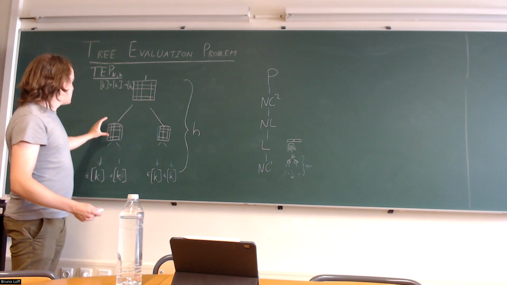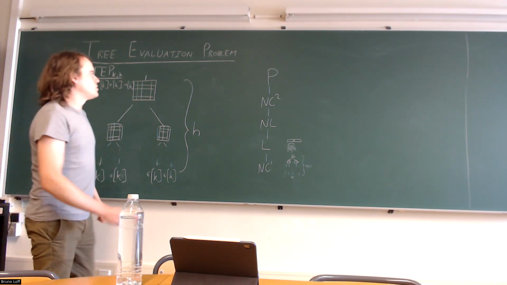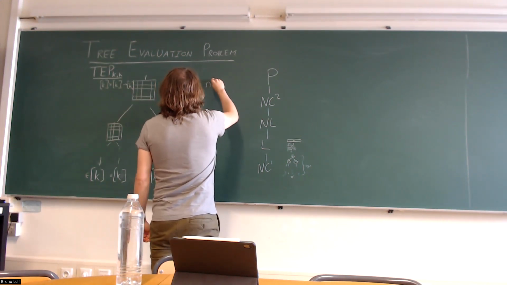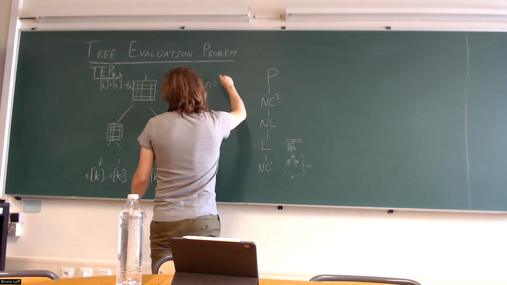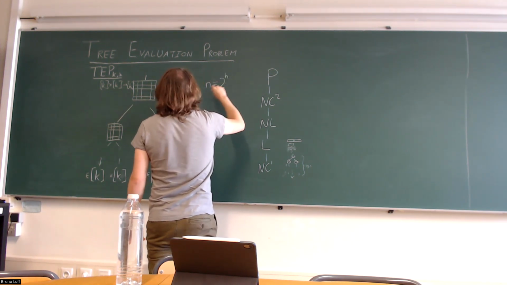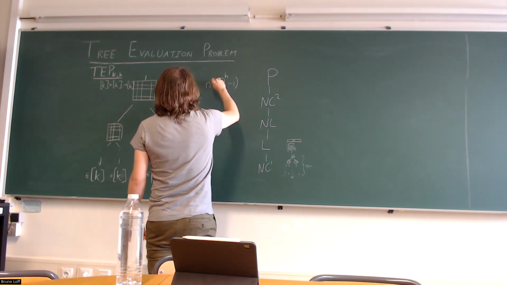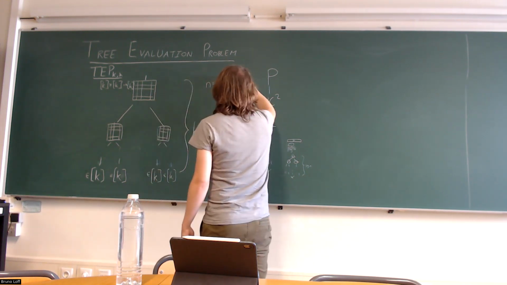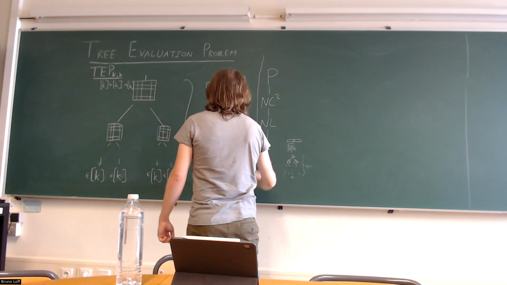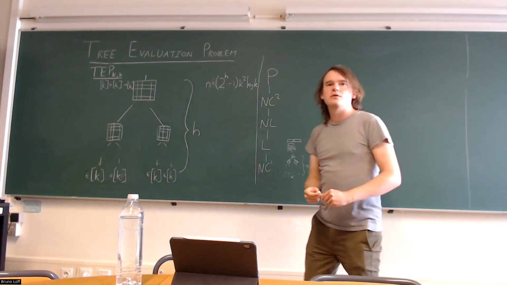I said that the internal nodes have to come as part of the input. So just to specify in advance, the input size to the problem is n. The tree has 2^h - 1 internal nodes, and for each of them I have to write the entire truth table, so it's k^2 times log k bits to write the entire truth table.